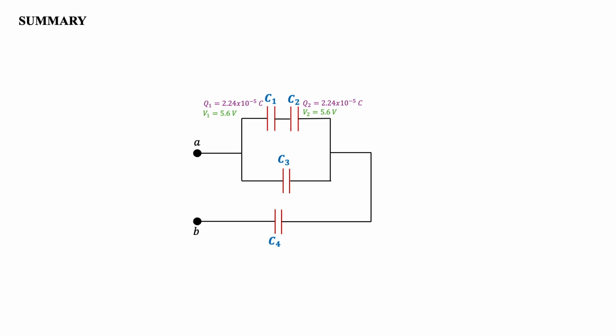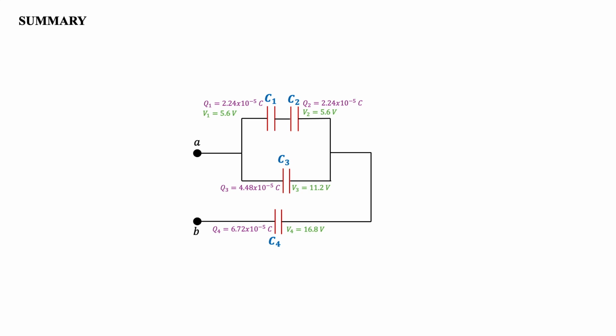For capacitor 3, we have solved that the potential difference across this is 11.2 volts, and the charge stored in this case is 4.48 times 10 to the negative 5 coulombs. And for capacitor 4, the charge stored there is 6.72 times 10 to the negative 5 coulombs, and the potential difference at this point is 16.8 volts. So that's how you approach this problem.